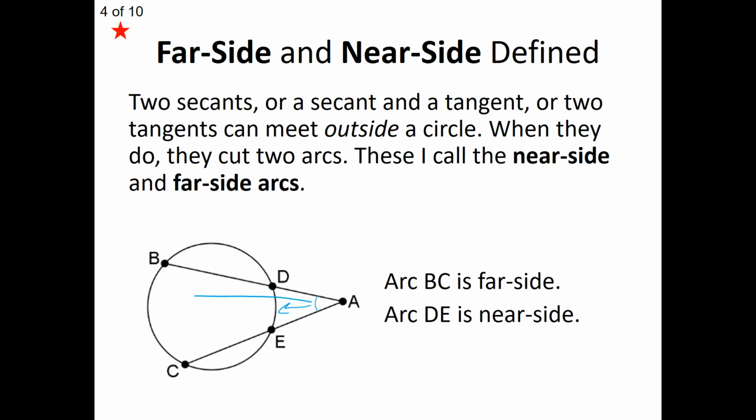But then we also have this arc formed on the other side of our circle, arc BC, and we'll refer to that one as the far side arc because it's the one that is farthest away from the formation of angle A. And you'll see that jargon, near side and far side, be used in our conditionals as we progress through the possibilities of intersections of secants and tangents.